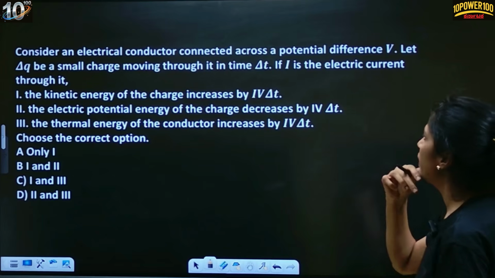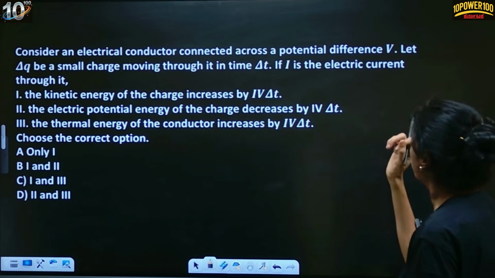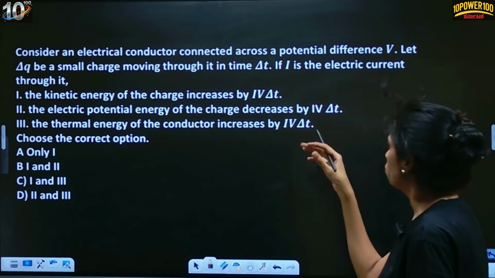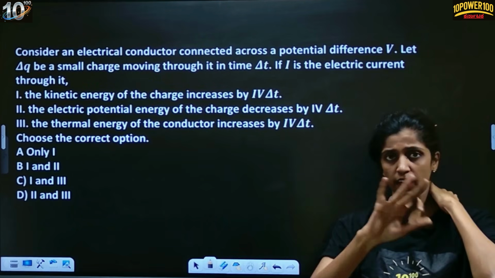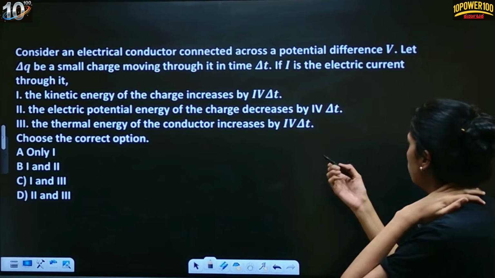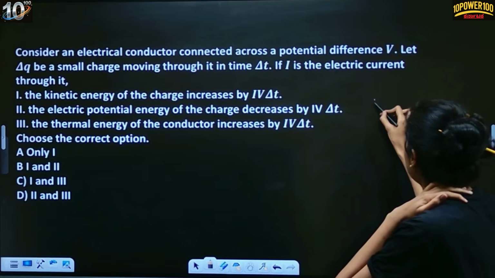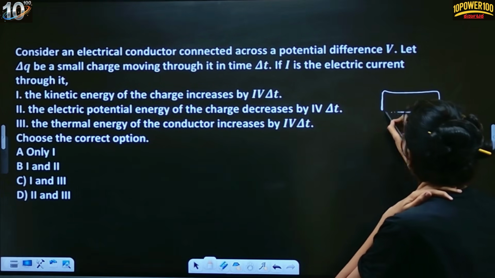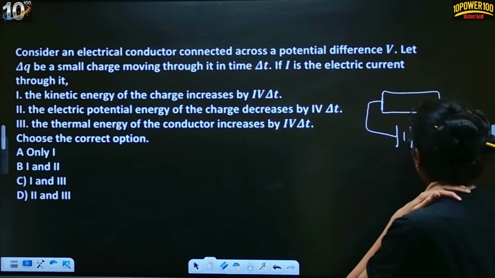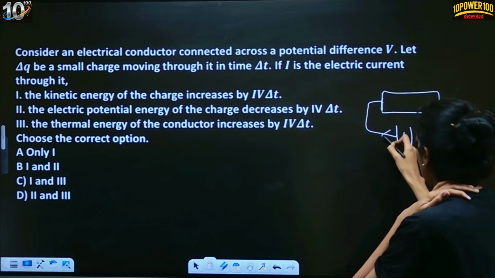So consider an electric conductor connected across a potential difference V, and let delta Q be a small charge and I is a current. Okay, so it is basically a drift velocity question. If I take a conductor and connect the battery to it, what happens when applying the electric field?